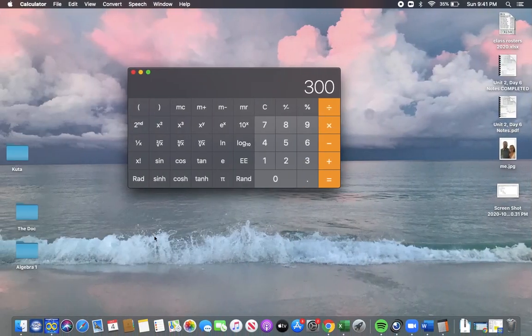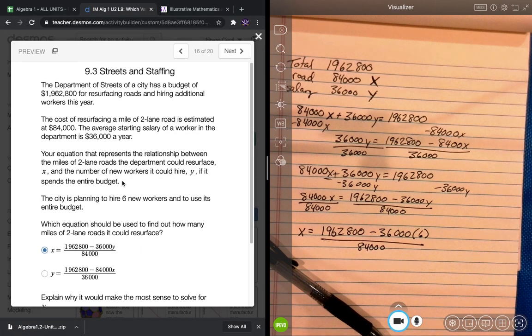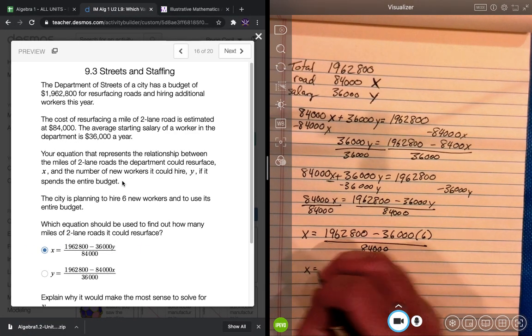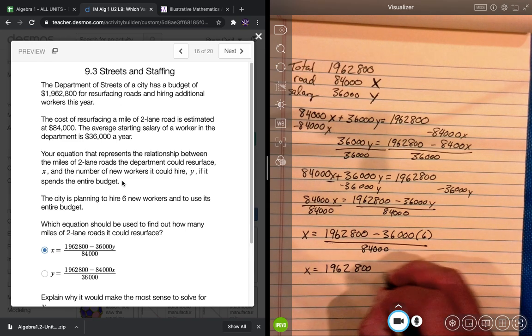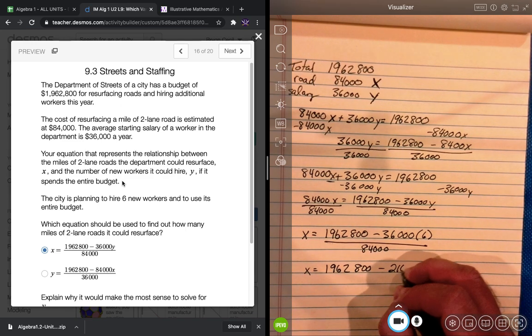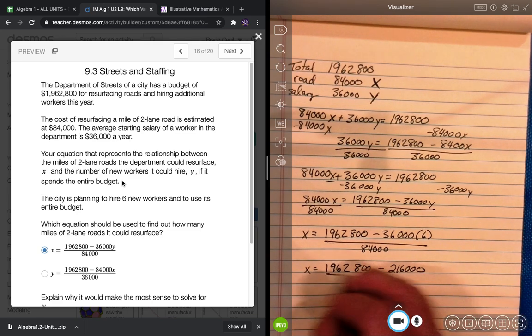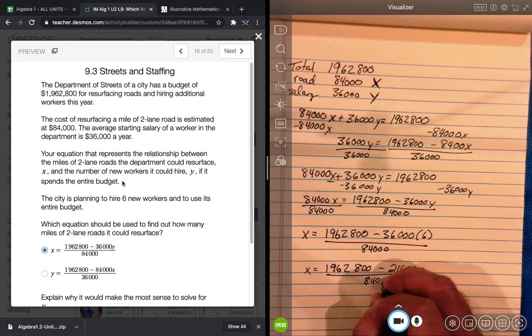Okay, so let's use our math here. The first thing that we need to do is take 36,000 times 6, and I get 216,000. So 1,962,800 minus, we said 216,000, all over 84,000.